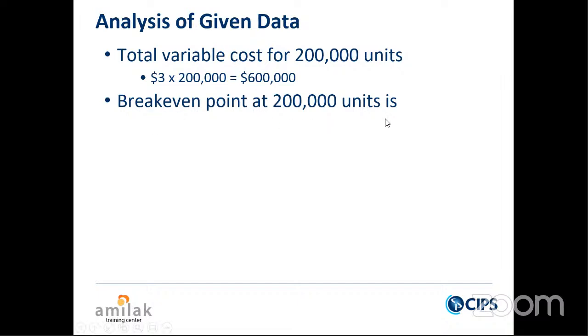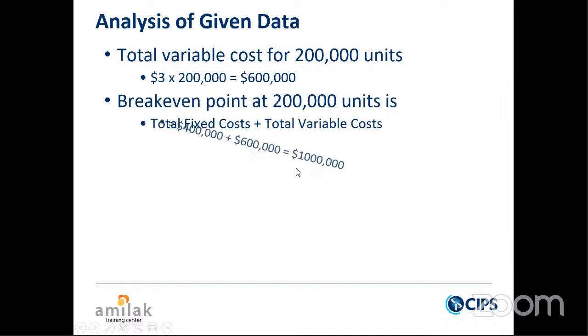But let's say break even point at 200 units is the following: total fixed cost plus total variable costs, which gives you 400,000 US dollars plus 600,000 US dollars, which is the total variable cost, which is 1 million.